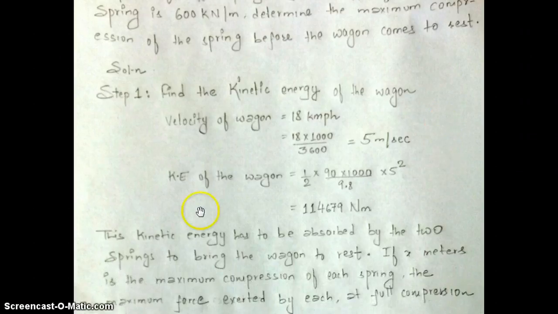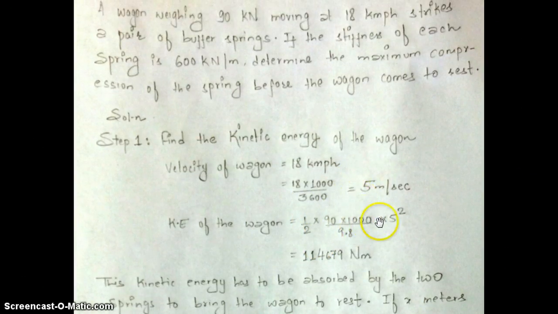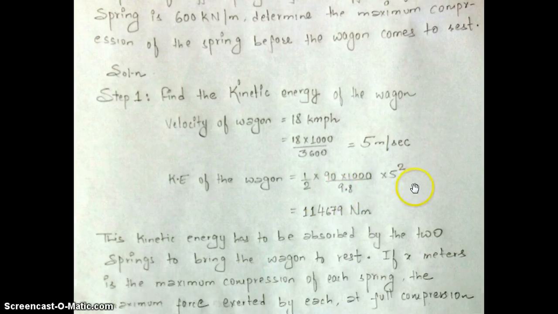The kinetic energy of the wagon can be calculated by half mv squared. So we plug in half, times 90 times 1000 because it's kilonewtons, and then times the velocity squared, divided by 9.8 because we want the kinetic energy in Newton meters.